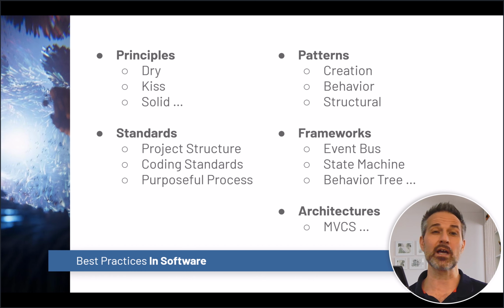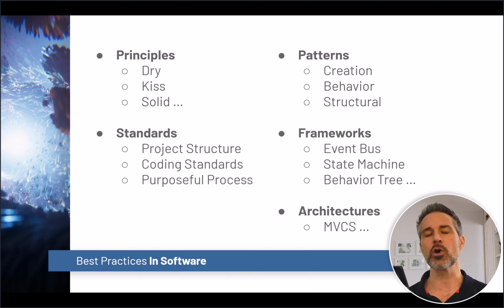Within principles, we've got lots of different acronyms, including don't repeat yourself or DRY, keep it simple, stupid, or KISS, and the SOLID principles. Within standards, there's all sorts of things to talk about, including designing the project structure so that the folders and the files are organized in a way that is more maintainable and leads to that quality of life I mentioned.